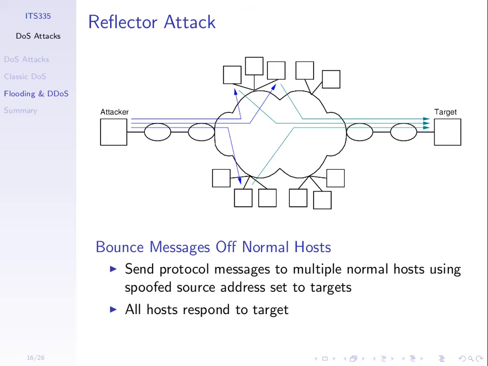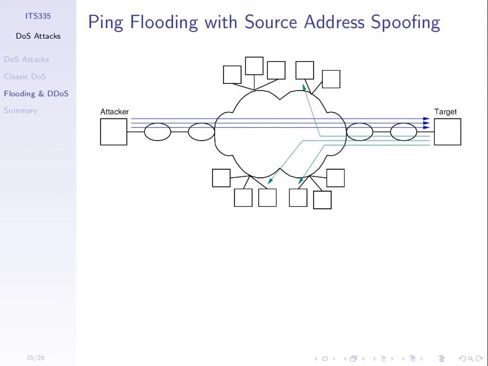Now, from the target's perspective, does it know that it is under attack? Well, in the previous case, from the target's perspective, it's receiving pings from multiple different source addresses because they have a fake source address, so it's hard to tell that it's under attack because it's receiving pings from many different computers.